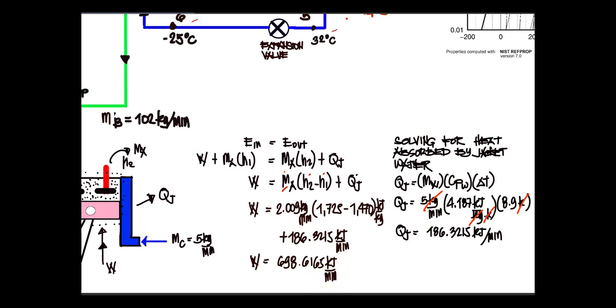If we convert this into watts, let's first convert the minutes: 1 minute is 60 seconds. Then this will be kilojoule per second, so it is already in kilowatts. So we have the value of 11.64 kilowatts.